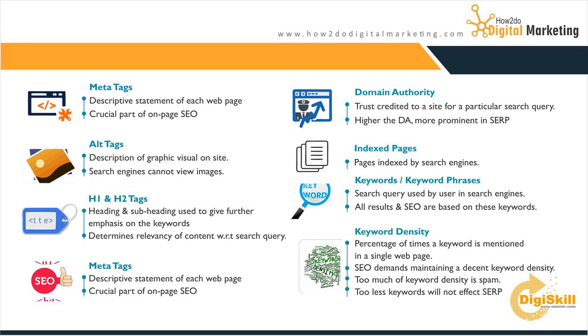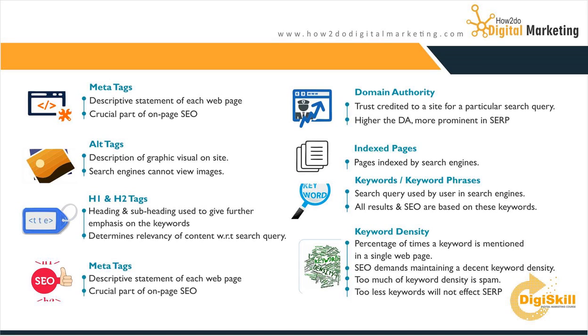Coming to the next part, which is domain authority. Domain authority is a term largely coined by Moz, but essentially it reflects the authority or the trust credited to a site for a particular search query. You can use small SEO tools to understand your domain authority for a particular website.